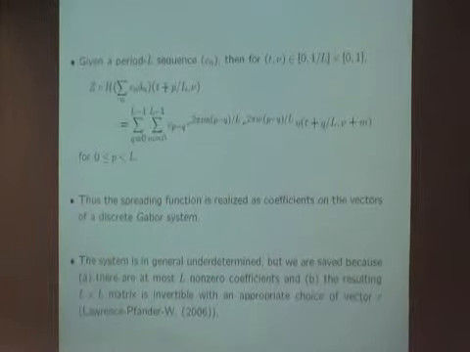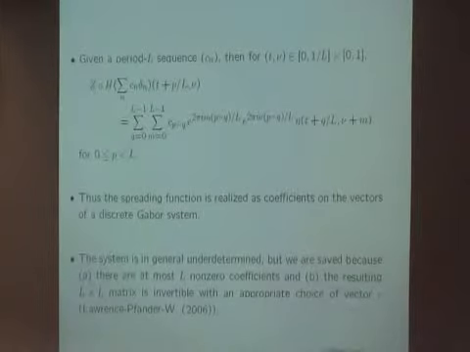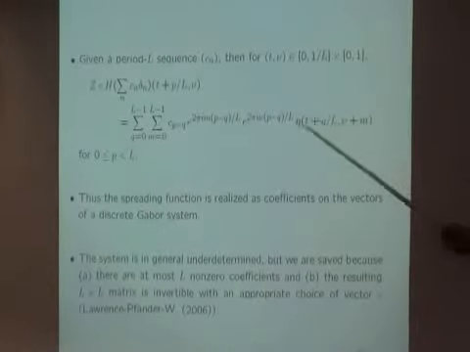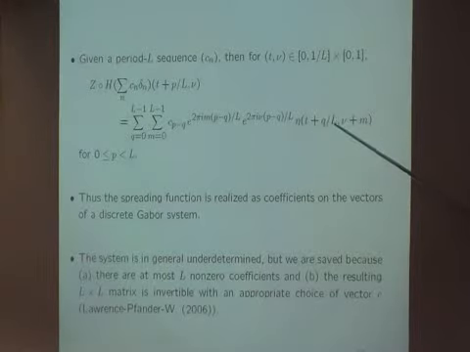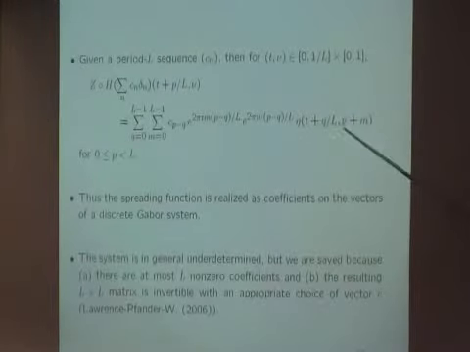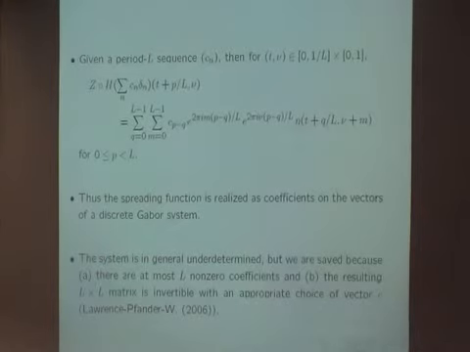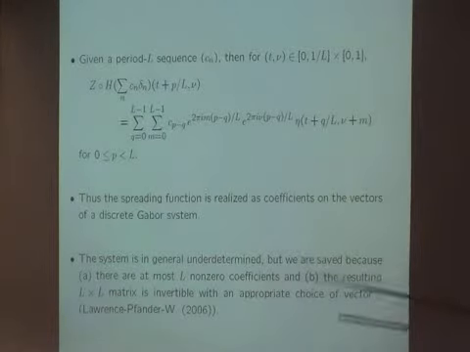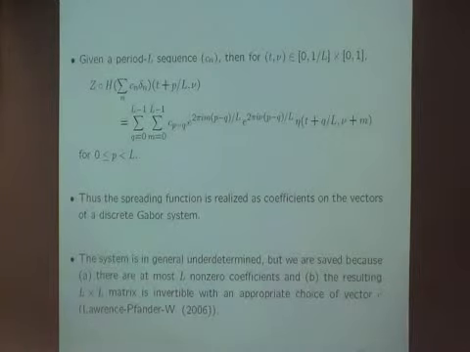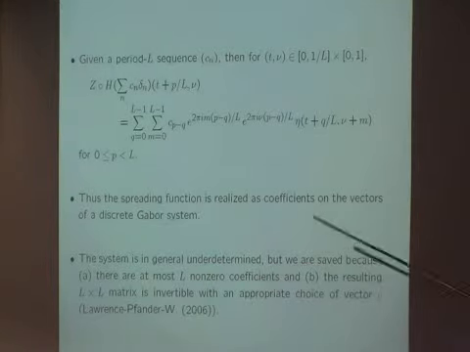So clearly in general, that's an underdetermined system, and I should not be able to recover eta from those data. But we're saved by the support of eta. There are only L non-zero terms here, and so the resulting matrix is square. And now the question is, is it invertible? Is it always invertible? Well, that's a little harder than we thought.